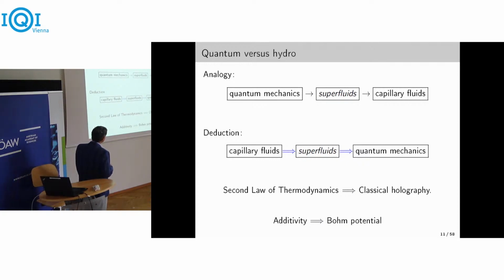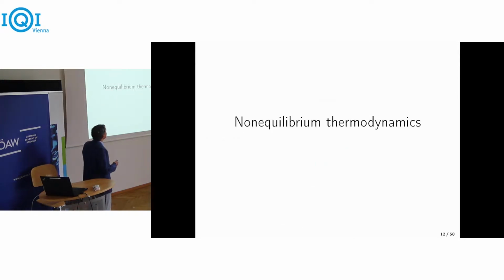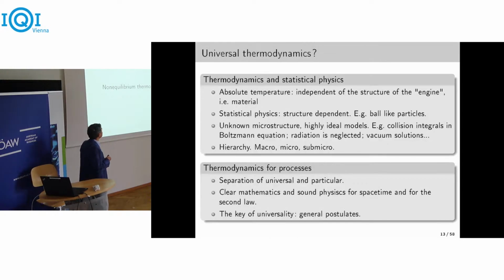And actually, the second law of thermodynamics will be responsible for classical holography. So holography follows from the second law. This is my argument. And also, if I introduce another property, which is additivity, then we get the Bohm potential. Why and how? To understand that, I need to explain some parts of non-equilibrium thermodynamics.